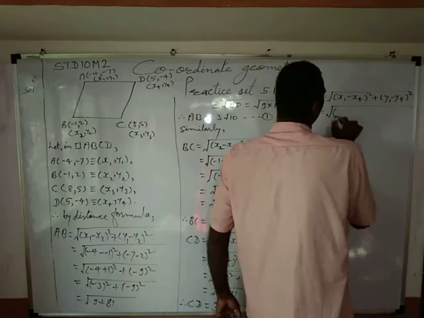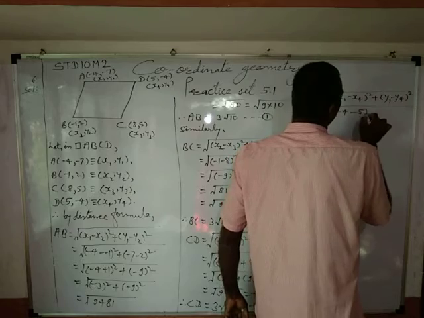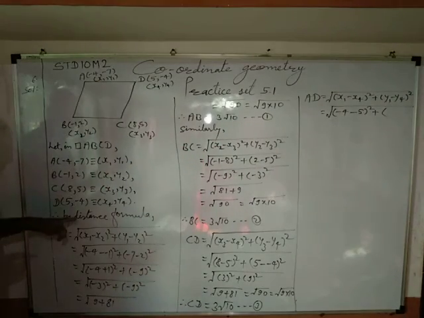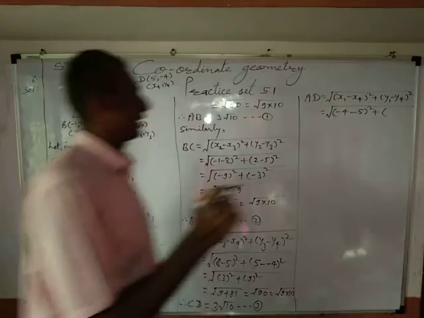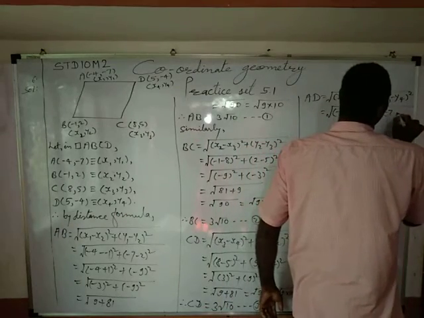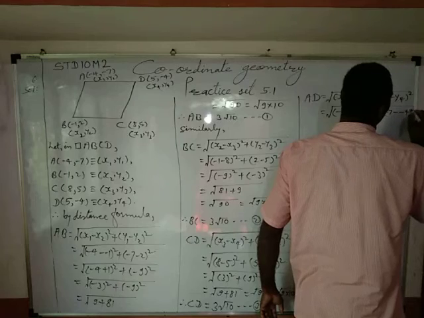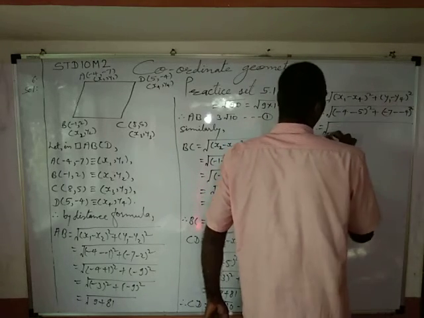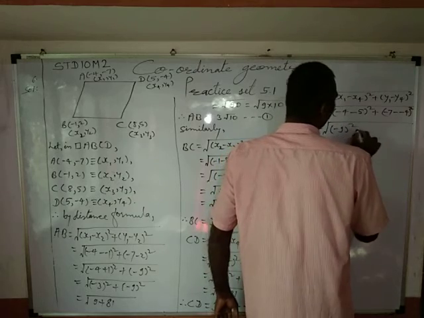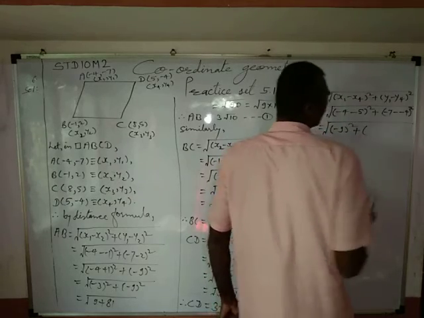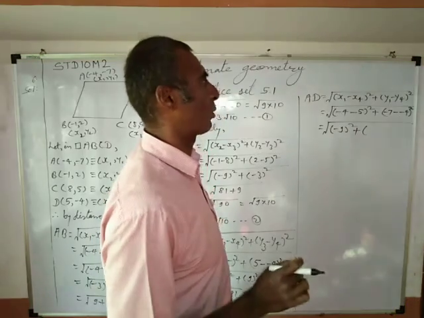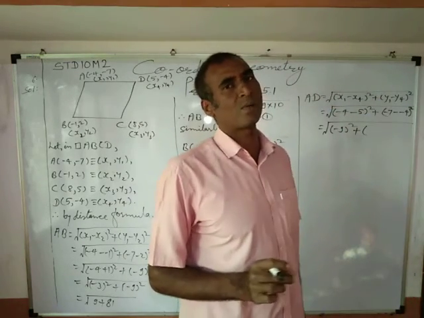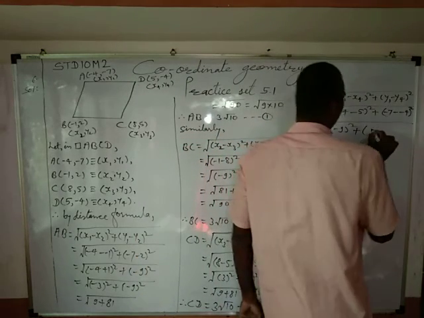That's why it will be (minus 4 minus 5) square plus, y1 is minus 7 and y4 is minus 4, (minus 7 minus minus 4) square, equals under root (minus 9) square plus (minus 7 plus 4) square. Minus 7 plus 4 gives us minus 3.